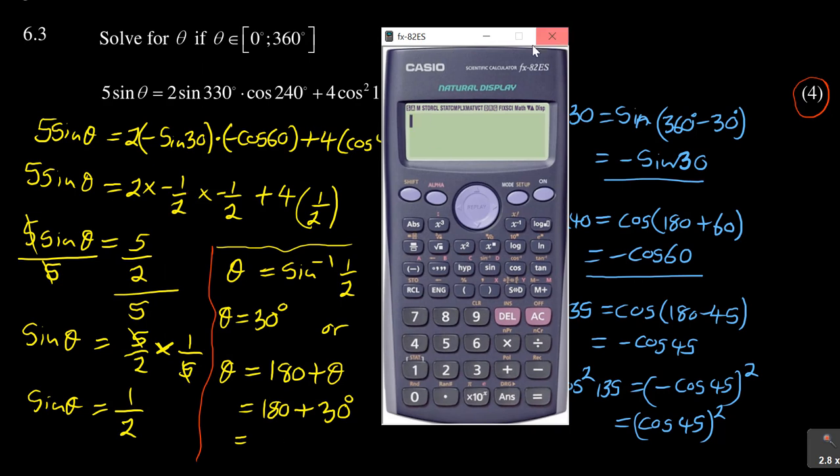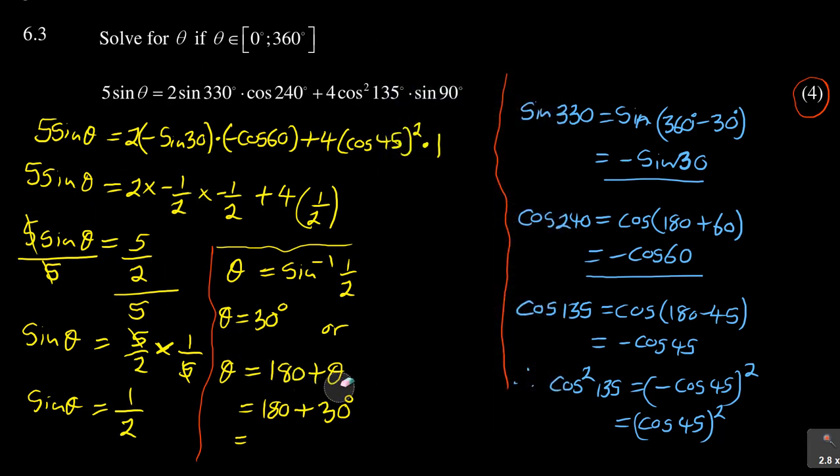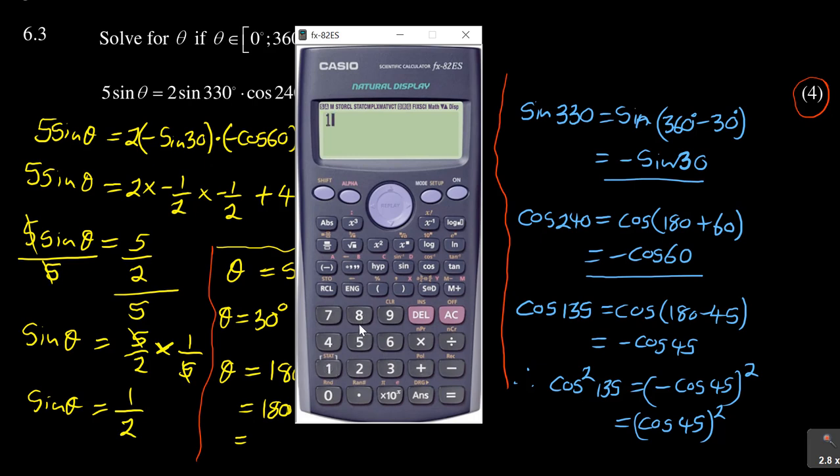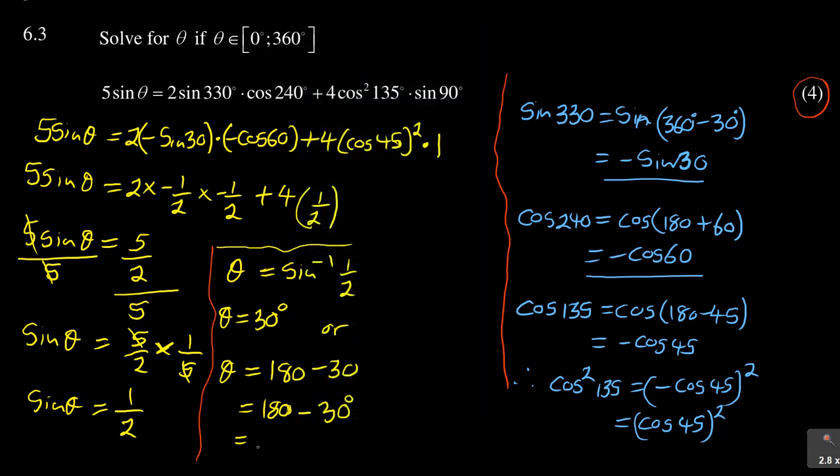Actually, it's 180 minus theta in the second quadrant, sorry about that. I was supposed to say 180 minus 30, not plus, because plus is in the third quadrant. So when you do that, you say 180 minus 30, theta is equal to 150 degrees.